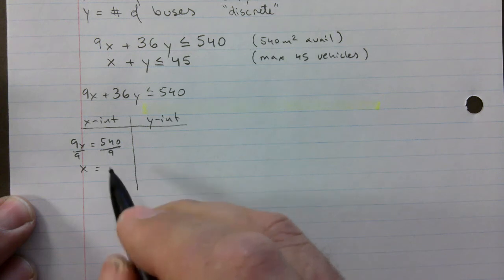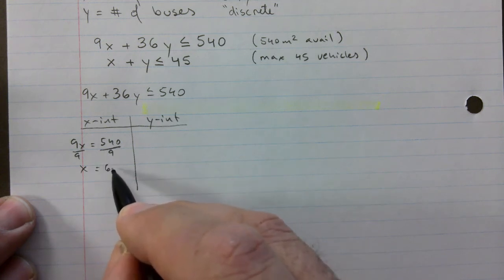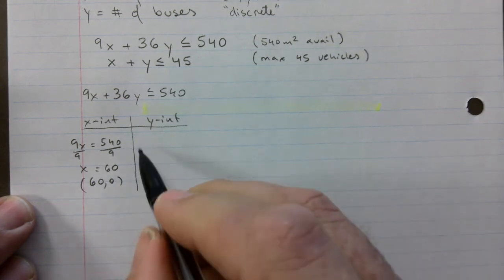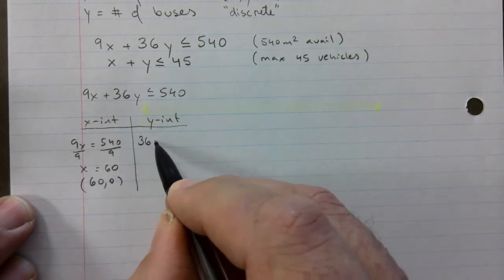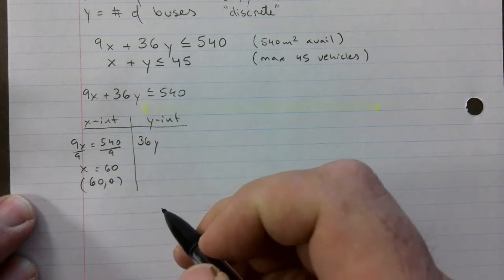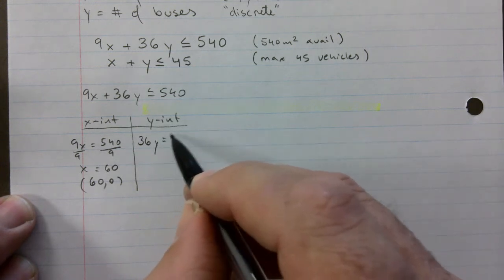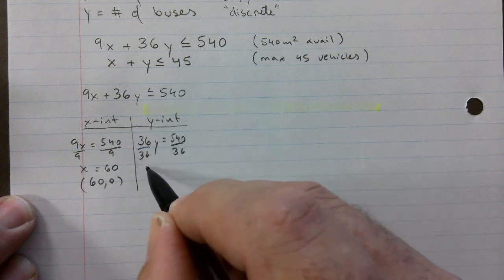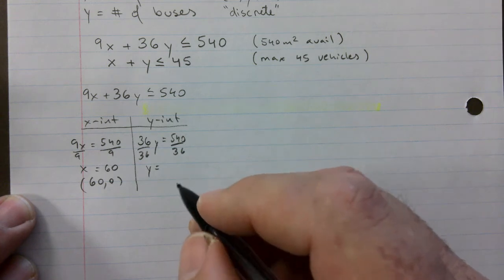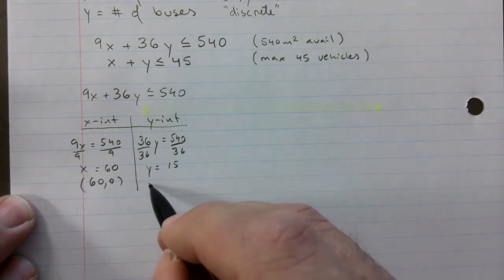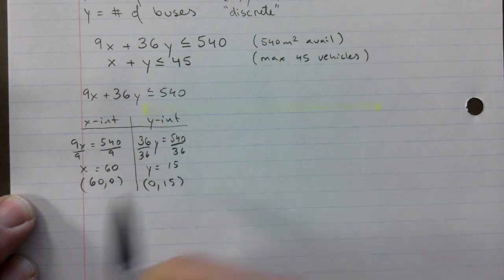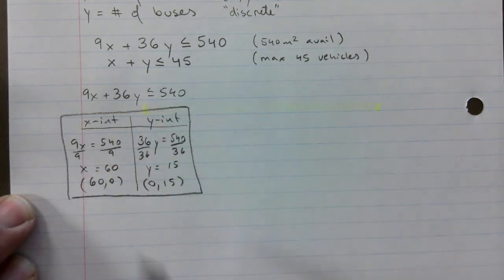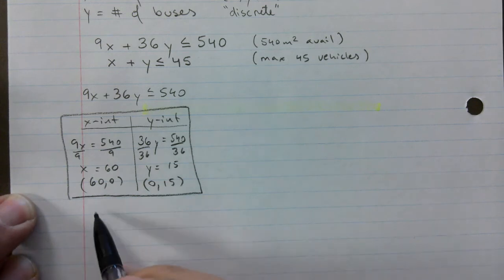Mental math, 60, right? That's 60, 0. And then we have 36y is equal to 540. Divide both by 36. That gets you 15. So 0, 15. I have both intercepts.